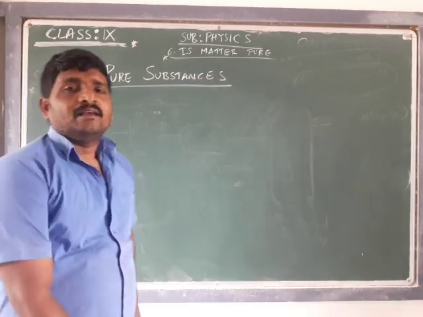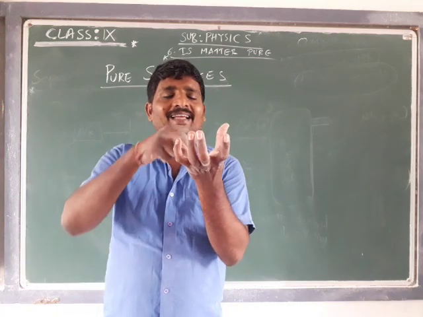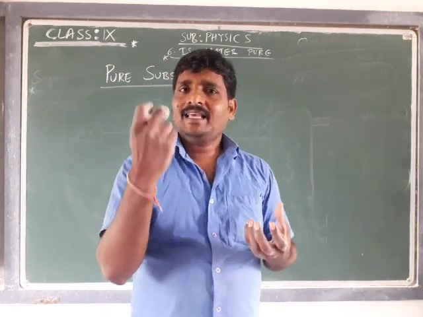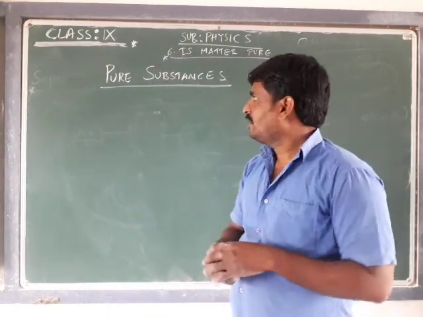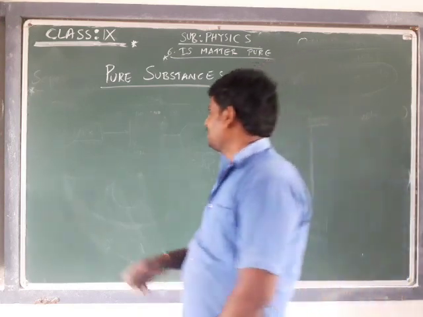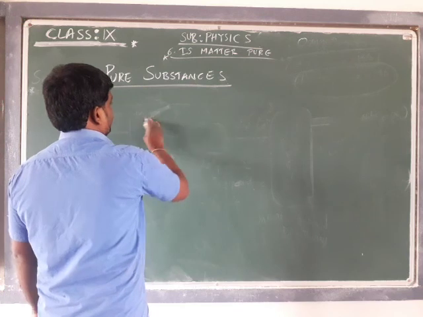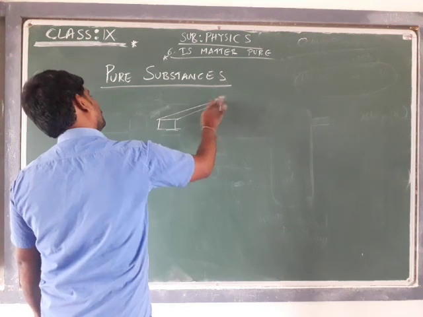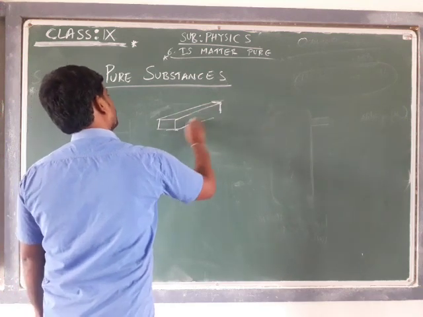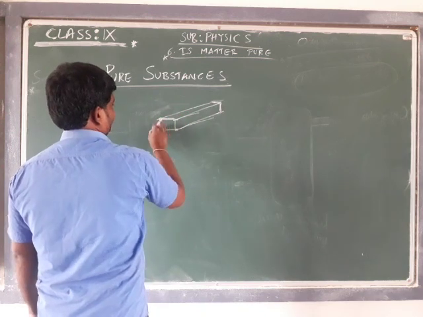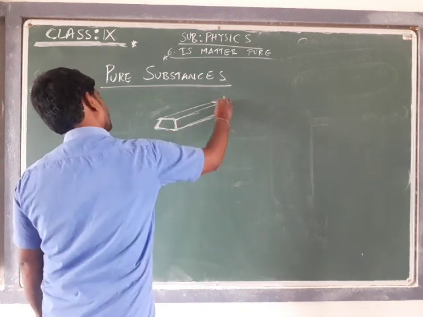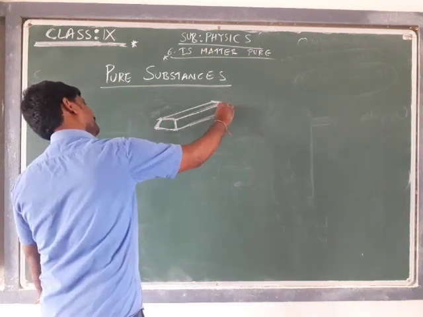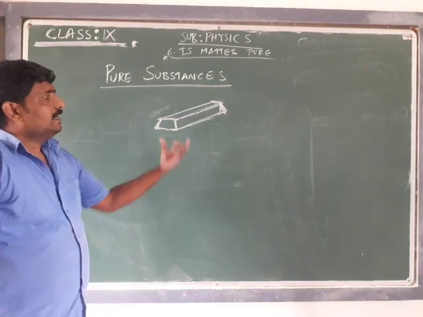Pure substances. That means if I take a substance and collect a sample from anywhere in that substance, and it consists of the same composition, that type of substance we call a pure substance. For example, we have a gold biscuit here, as it is there in the textbook also.